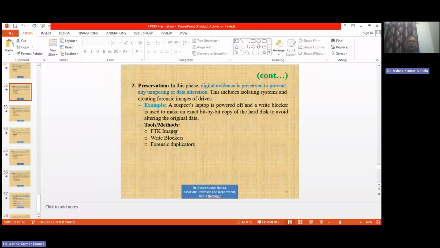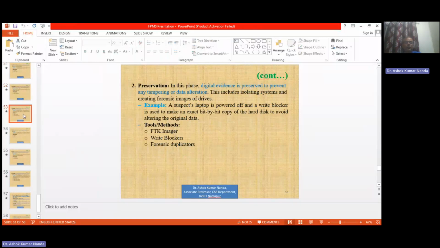For example, a suspect's laptop is powered off and a write blocker is used to make an exact bit-by-bit copy of the hard disk to avoid altering the original data. In this case, we can use tools like forensic toolkit, FTK Imager, write blockers, forensic duplicators.